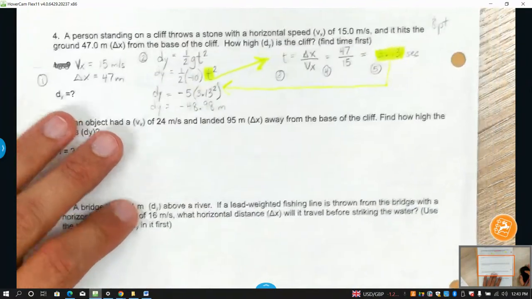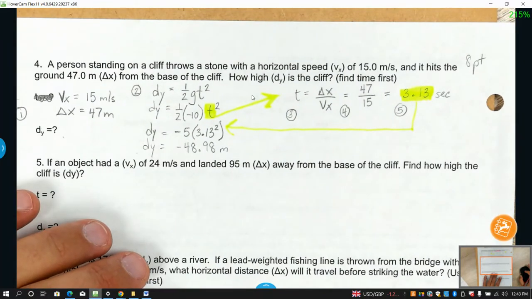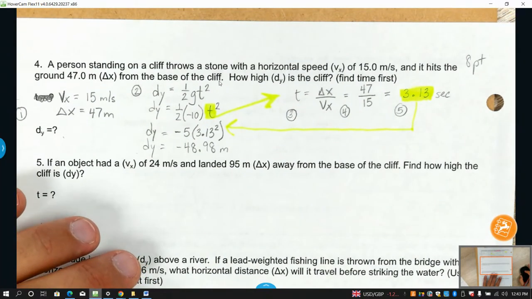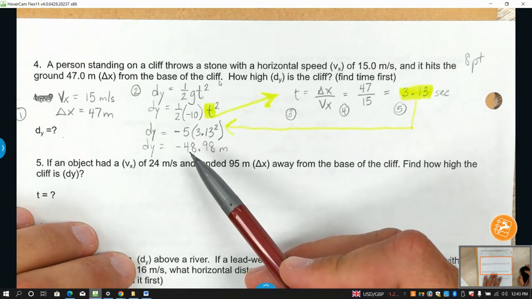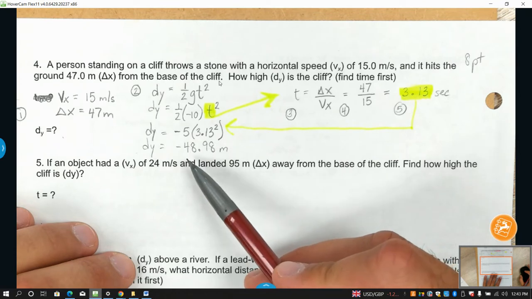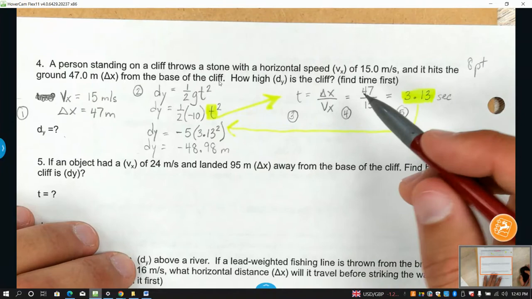But again, just double check what the question asks. What did they finally ask? They asked how high is the cliff. Can you have something that is a negative height? No. So just thinking about it logically, remember displacement is how far you are from the start.